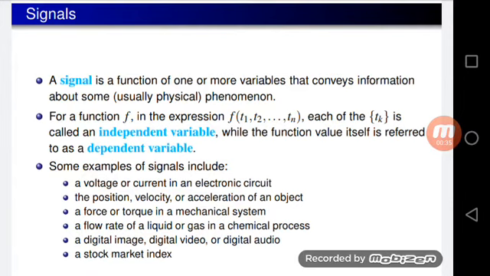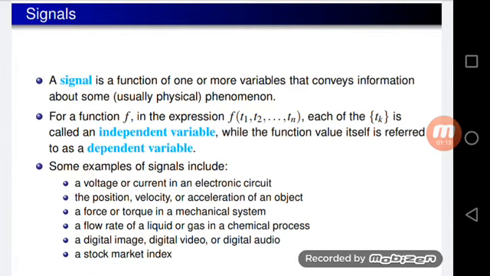First, what is a signal? A signal is a function of one or more variables that conveys information about some phenomenon. Generally, a signal carries information that indicates something.